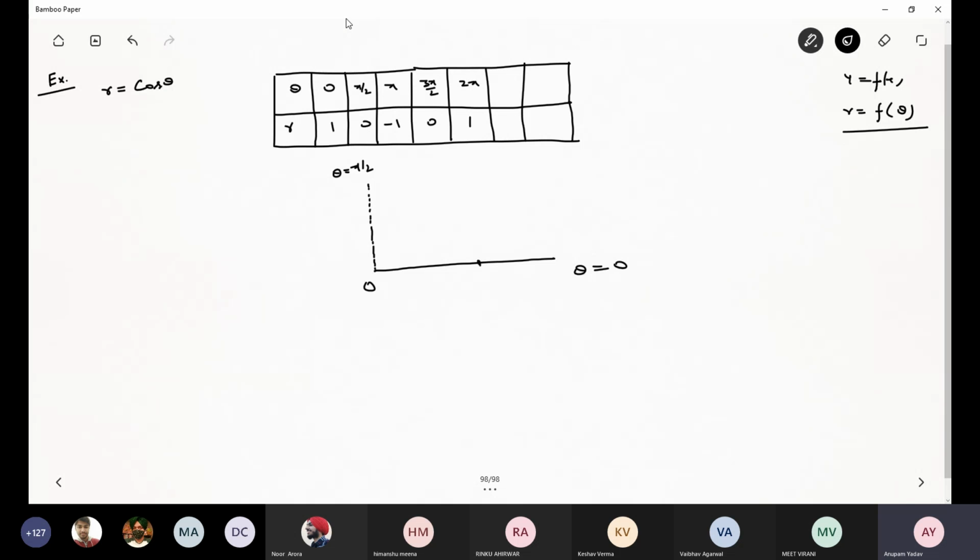It will decrease in the form of an arc. So at theta equals 0, it is 1, and at theta equals pi by 2, it becomes 0. It goes like this and ends at theta equals pi by 2, where the value of r is 0. And then what is happening when you are moving from pi by 2 to pi?